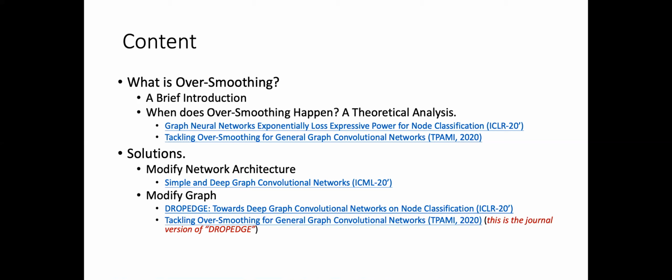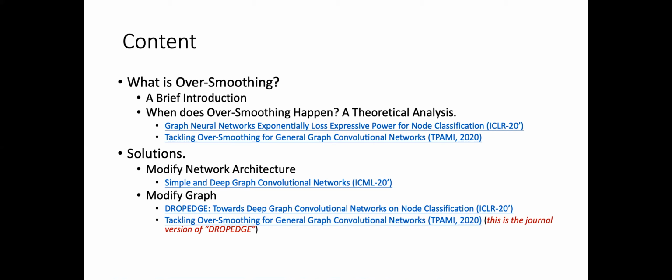The GCN with a ReLU activation will converge to a subspace. And the GCN with ReLU activation and with bias will converge to a cube. And then we provide a universal oversmoothing theorem, which illustrates a general conclusion for the oversmoothing problem.